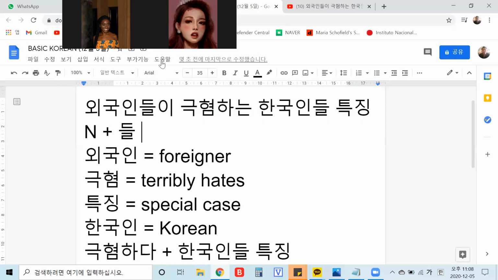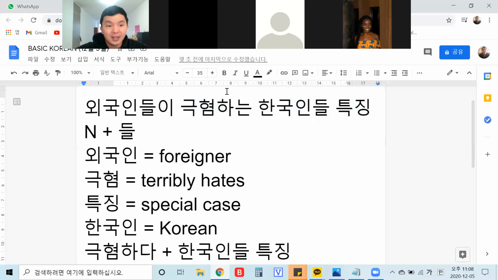I picked this topic for teaching you today, class, because nowadays there is so much amazing news. BTS got awards, the songs are getting more popular, Korea is safe and nice, and infections are decreasing. If you search Korea on YouTube, you'll see thousands of videos about the good things of Korea.